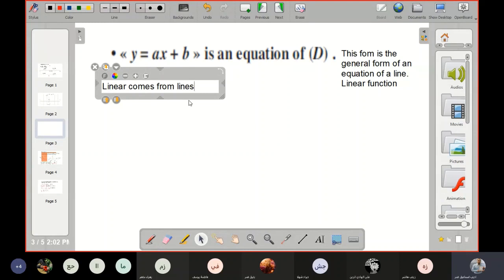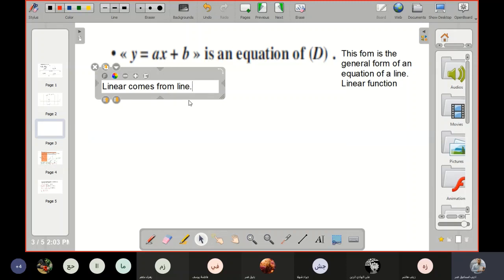Linear comes from line. This means that when we draw this equation, or when we graph it on a coordinate system, the graph should be a straight line. The graph should be a straight line.